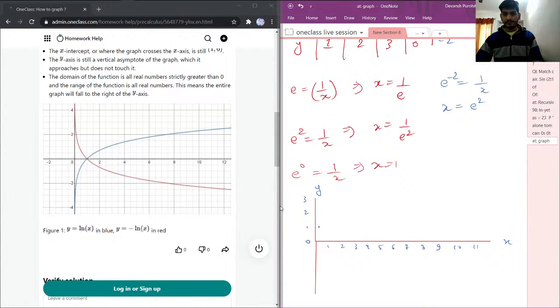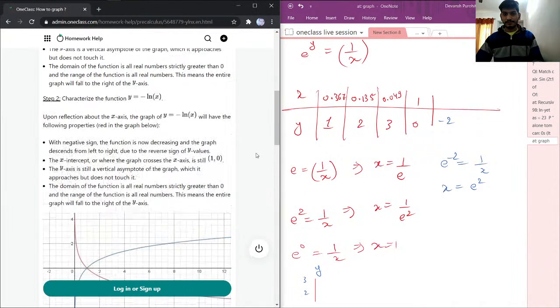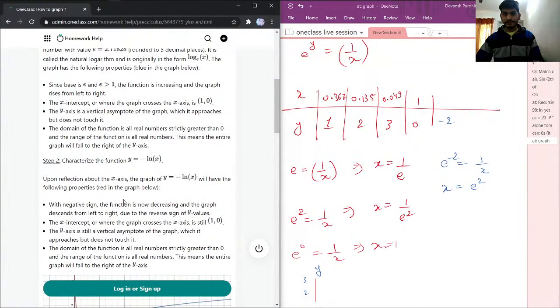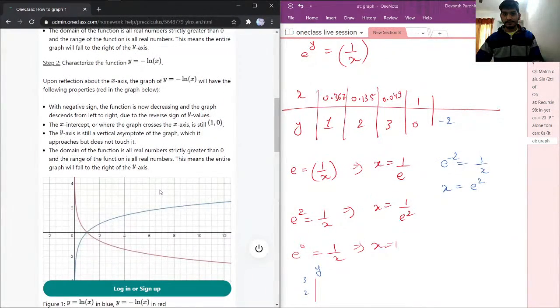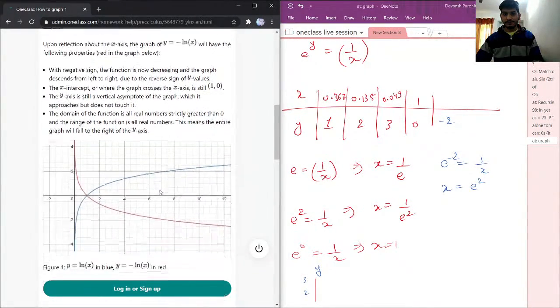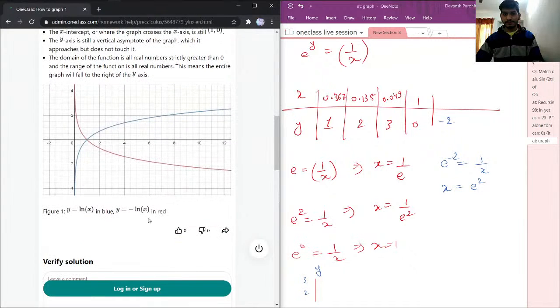For that, the graph of y equal to negative of ln of x will be... okay, so this was for red. Okay, I thought the blue one is ln of x. That's why I was getting confused. So we basically need the values for negative also. Okay, yeah, right.